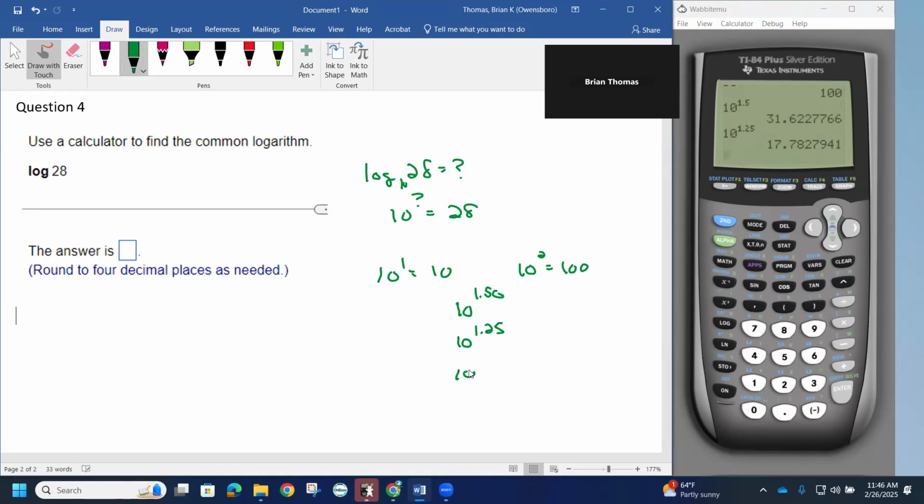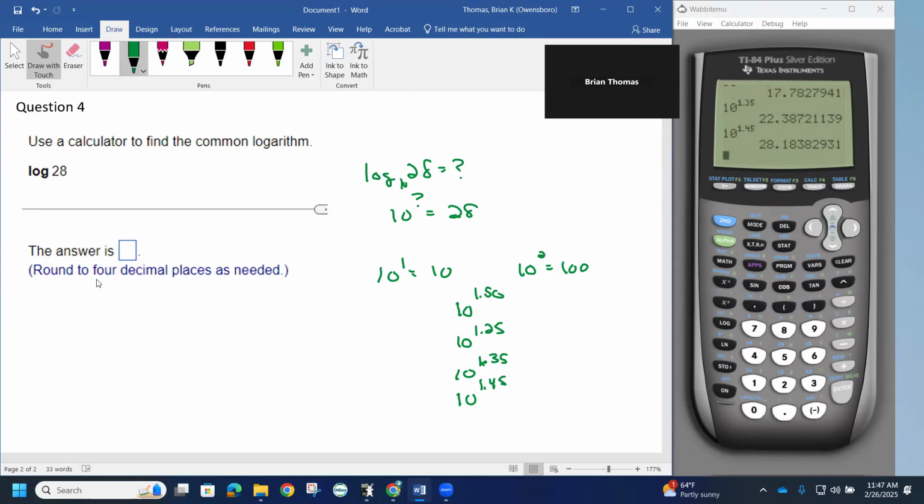Maybe go 1.35, going up by 10. 10 to the 1.35 gives me 22. I could go a little bit higher, maybe 10 to the 1.45, and that's 28. So notice how 10 to the 1.45 is actually a shade too big.